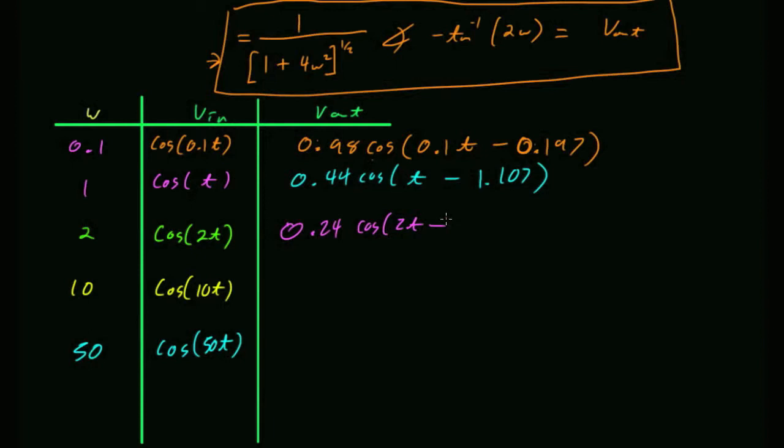All right. Tell me what you got for the last two. For cosine of 10, I got 0.00249 cosine of 10t minus 1. Hold on, slow down, cowboy. I think you're right. 0.00249 cosine of 10t minus 1.52.